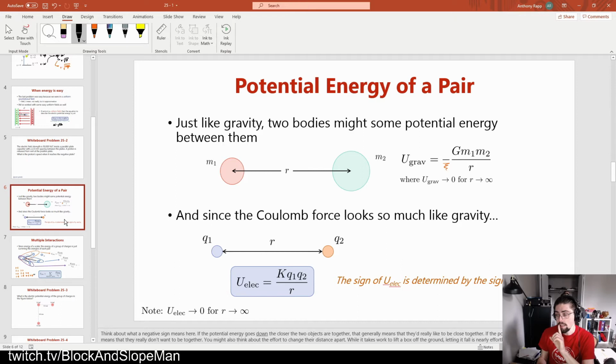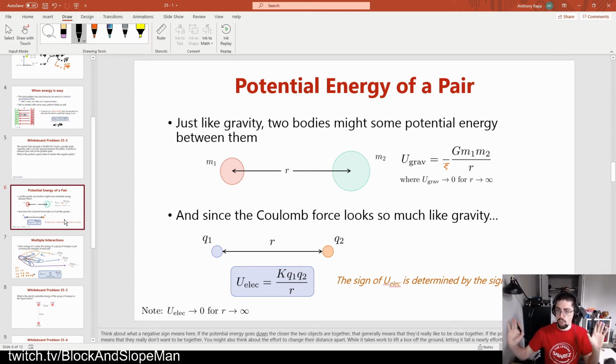Now, for a minute, let's think about this negative sign. What's that negative sign telling us? When these objects are as far apart as they could possibly be, when r gets really big, what happens? That value goes to 0. Okay, so no potential energy, no interaction at all when they're very, very far apart.